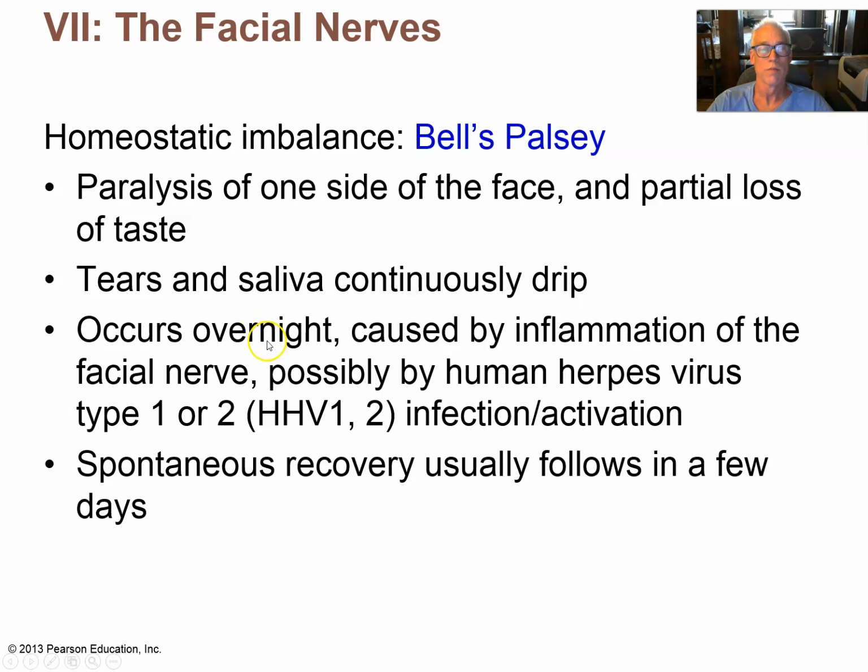So I just wrote down some of those things here. Herpes viruses, for example. There are 8 different human herpes virus types, I believe, and they tend to exhibit latency.